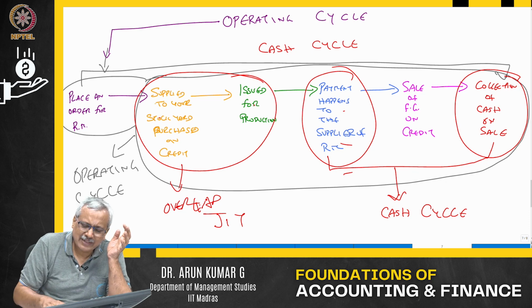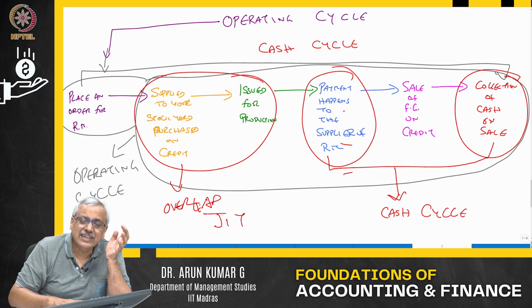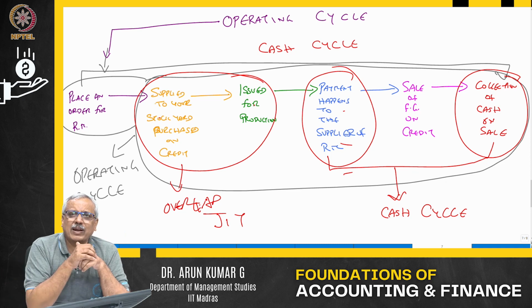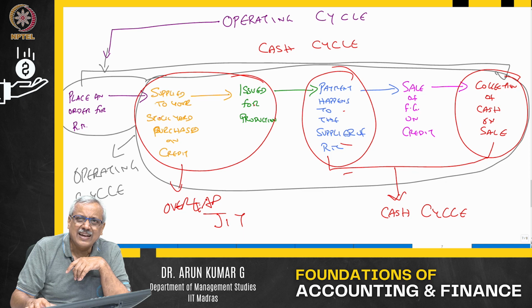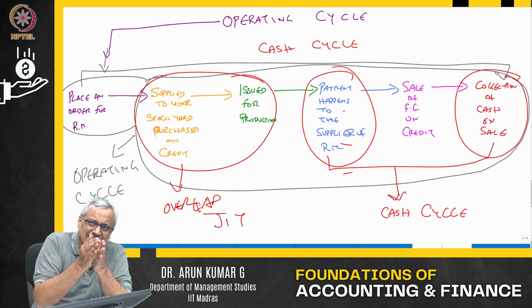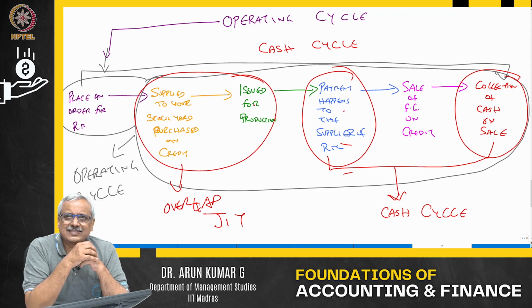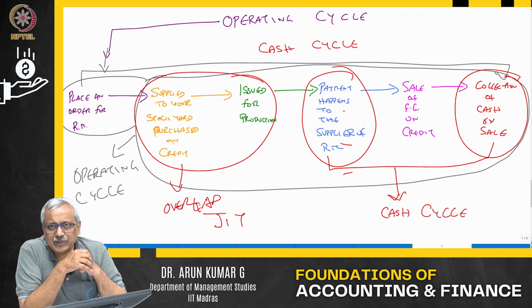And the moment the goods is ready, it is immediately sent off to the customer and they basically pay up. So, the sale happens and I receive the cash right then and there. My cash cycle is less, my operating cycle is less, my working capital requirement is less.